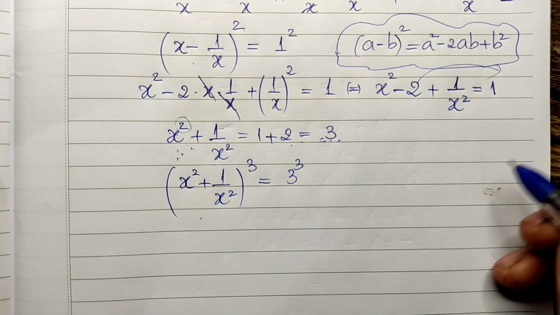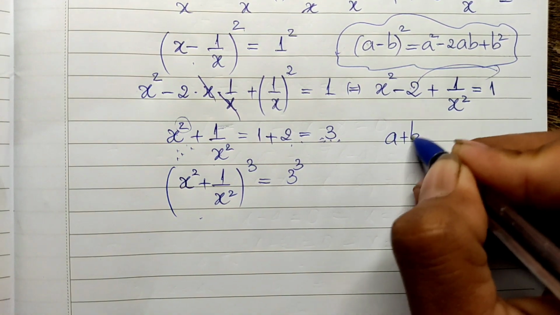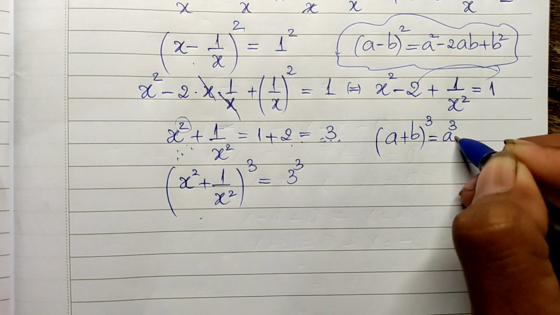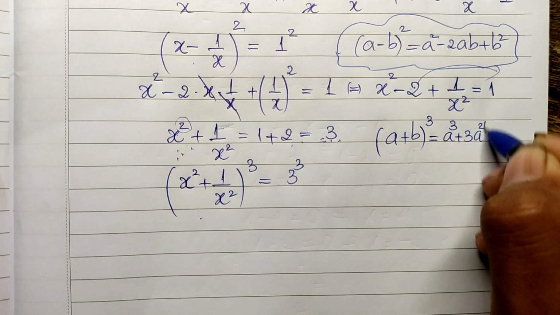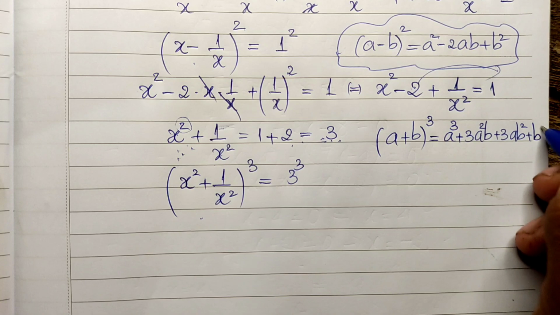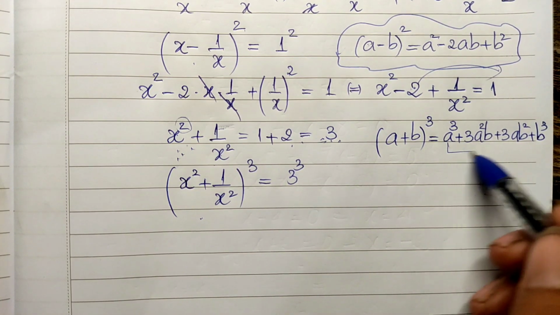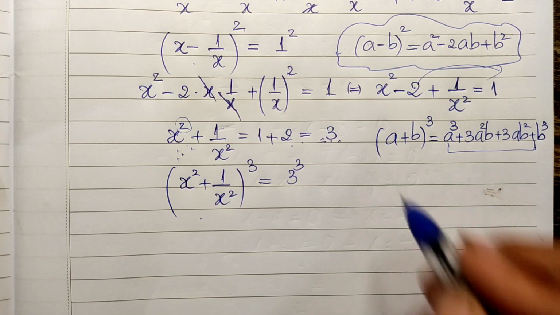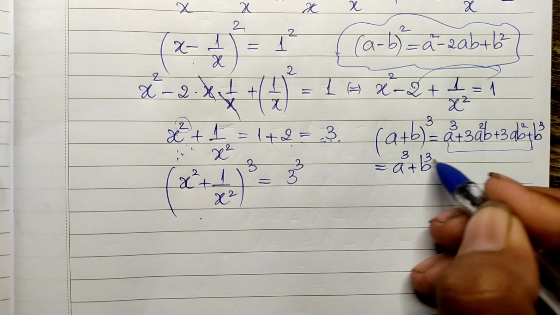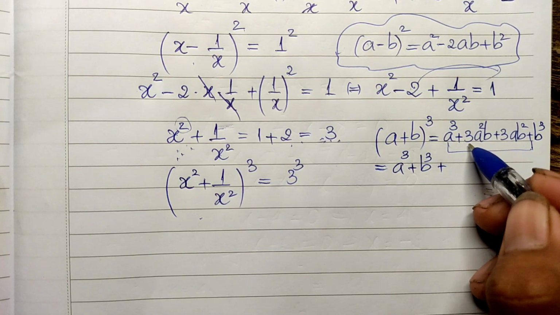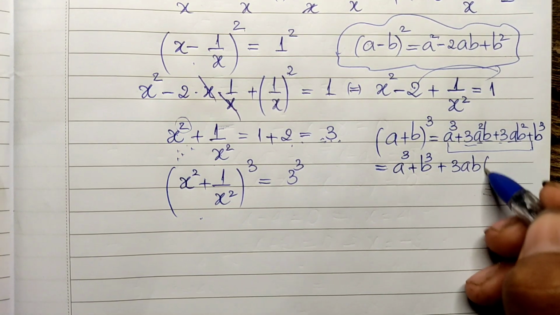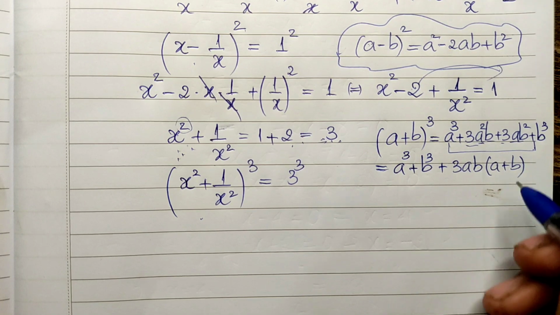We use the rule that a plus b all to the power 3 is equal to a to the power 3 plus 3a squared b plus 3ab squared plus b to the power 3. Now I write it immediately as a to the power 3 plus b to the power 3 plus, taking 3ab out as a factor, 3ab times a plus b.